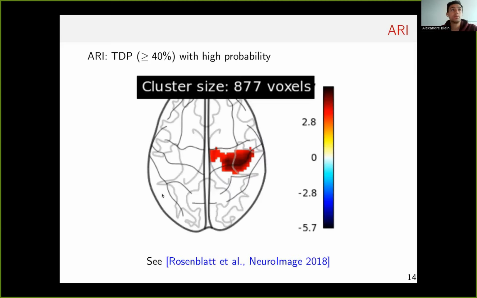And so what you can do with this type of bound is now, if we go back to our working example with the cluster that we extracted, instead of simply taking a binary decision in the way of cluster-wise inference, so declaring that either this cluster is active or not, we can formulate a lower bound. So here 40% using ARI, meaning that we can guarantee with a high probability, 95%, that there is at least 40% of voxels that are active in this cluster. So this is a much more informative answer to the question that we are interested in. Okay. So this is what we are going to do.